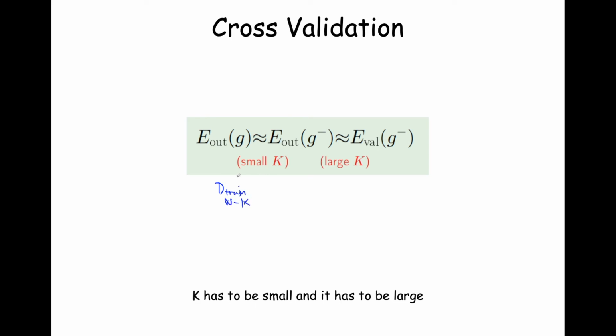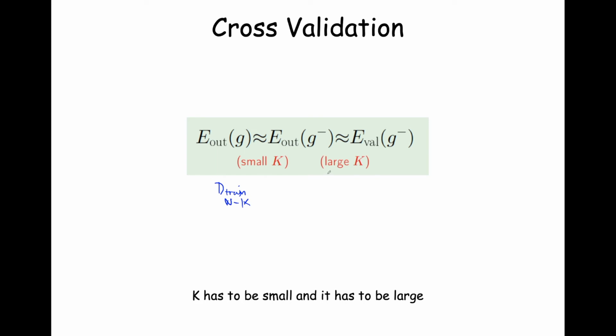And if you have a large N minus k, then by Hoeffding's inequality, supported by the VC bound, you're going to get very good out-of-sample performance. You have a large D train if your validation set is small. So you want to make your validation set size k as small as possible.